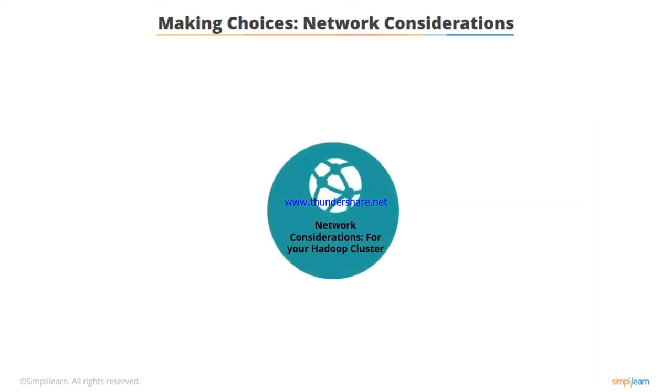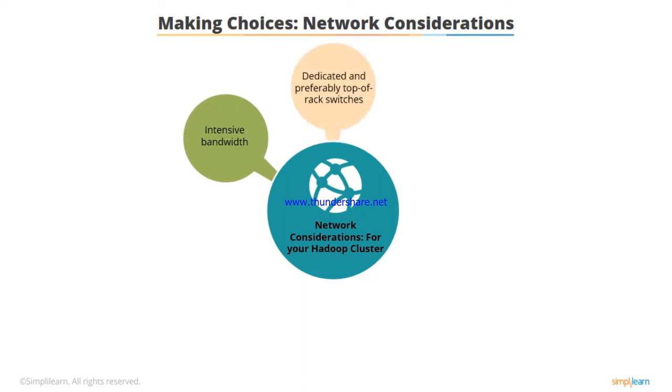Network considerations is the most challenging parameter to estimate due to varying workloads. The following needs need to be given thought. The Hadoop network should have intensive bandwidth. It should have dedicated and preferably top-of-rack switches. The nodes should be connected with a minimum speed of 1 GB a second.